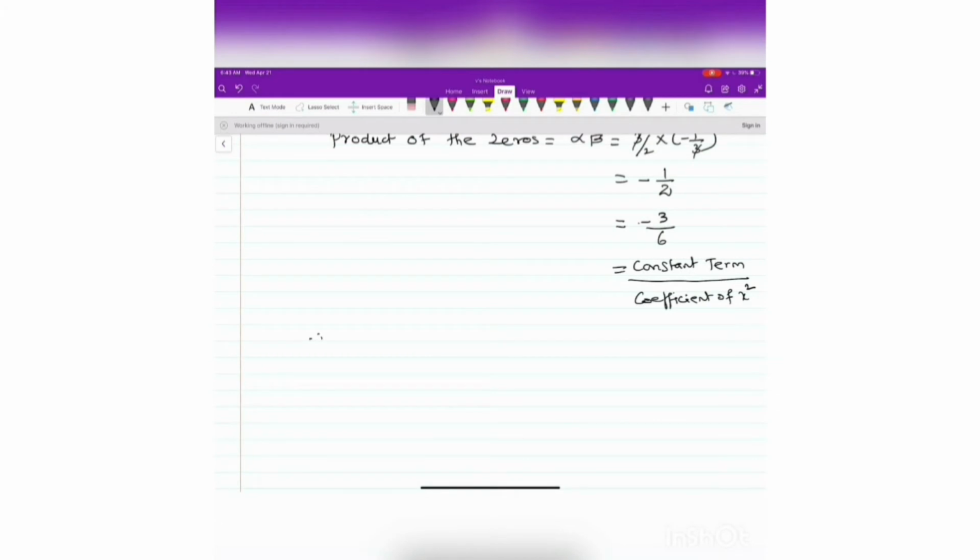Therefore, you have already verified now, product of the zeros is equal to constant term by coefficient of x square. Let me name this result as 2.